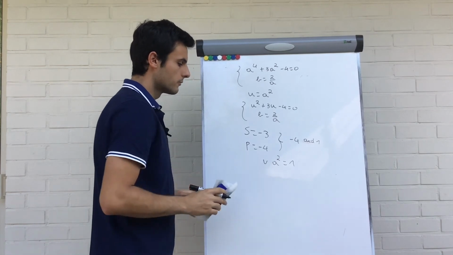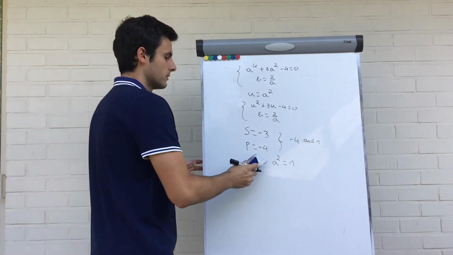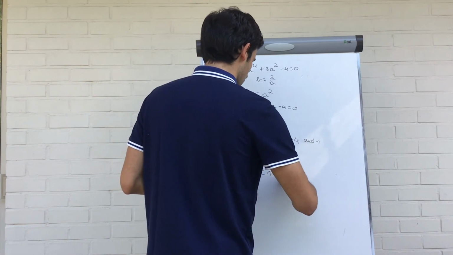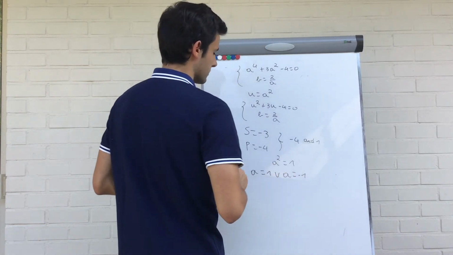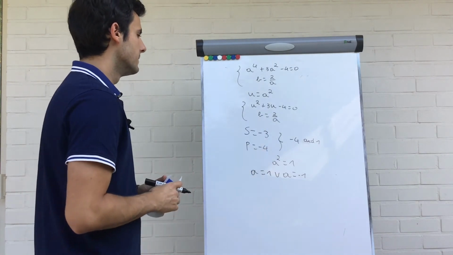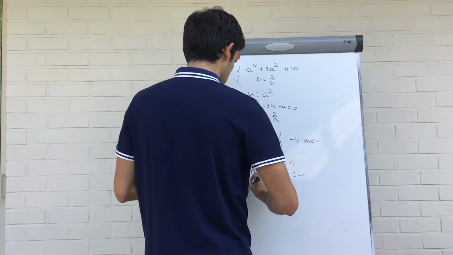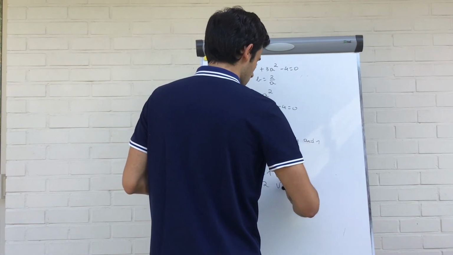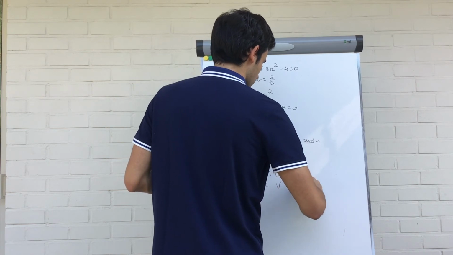So we're going to remove that solution. So we have a to the power of 2 is equal to 1. So a is equal to 1, or a is equal to minus 1. And if a is equal to 1, b is equal to 2. And if a is equal to minus 1, b is equal to minus 2.